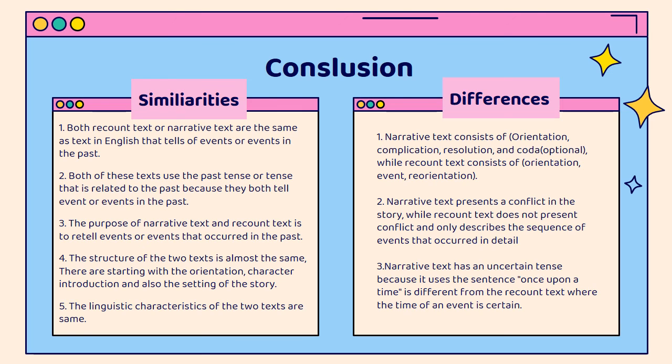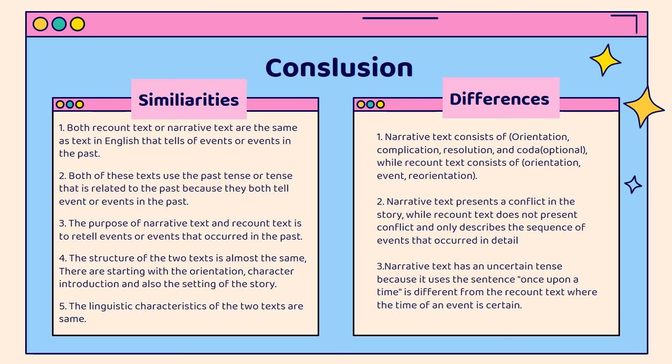Number three, the purpose of both is to retell events that occurred in the past. Number four, the structure of the two texts is almost the same, starting with the orientation, character introduction, and also the setting of the story. And number five, the linguistic characteristics of the two texts are the same.